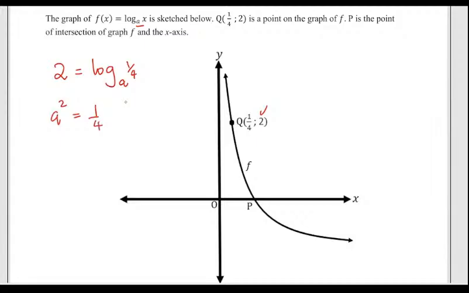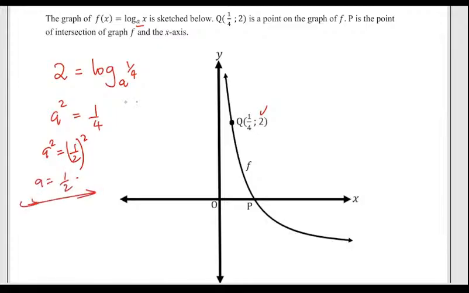So what do we do? How can we express this? If I have a squared, this can also be a half, squared, meaning that our a is a half.